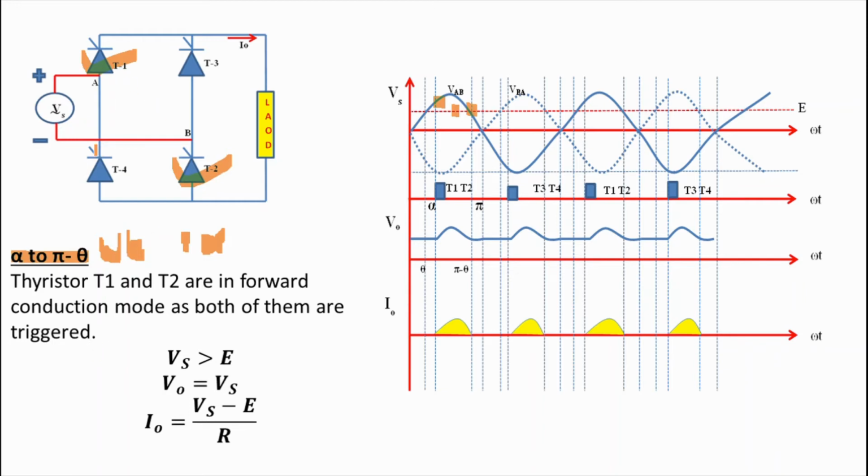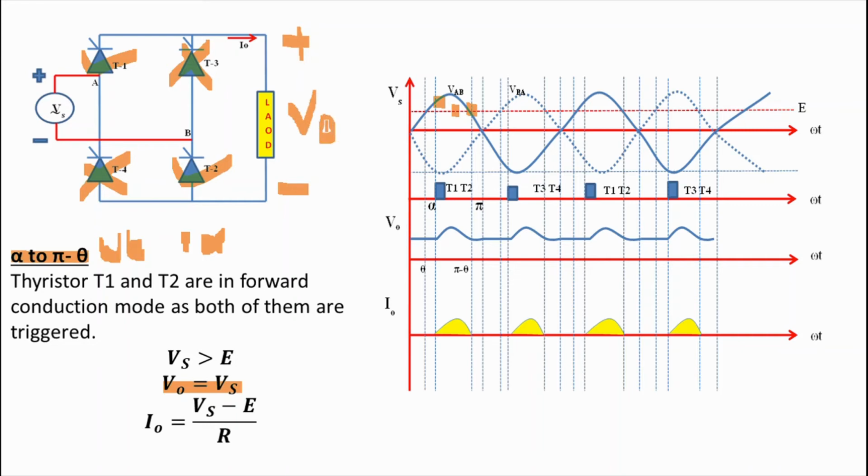So they will turn on, and T3 and T4 will remain in off state. So when they turn on, the output current I0 will flow through the load. So here we will get output V0 equal to Vs. Okay, so the output voltage will be equal to just the source voltage Vs. See, this is the output voltage.